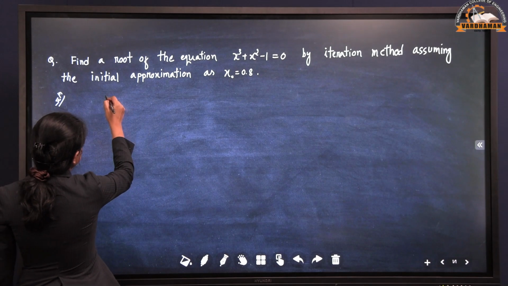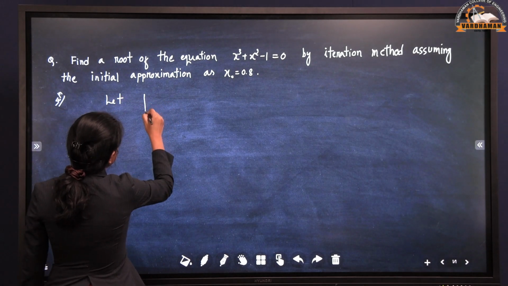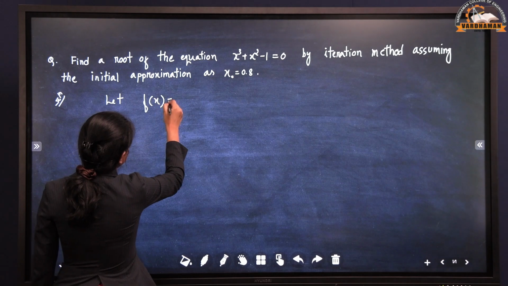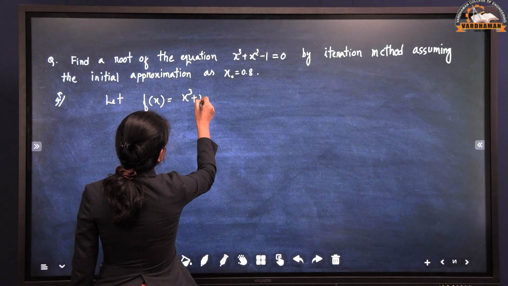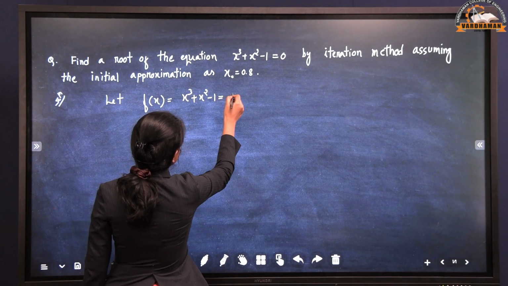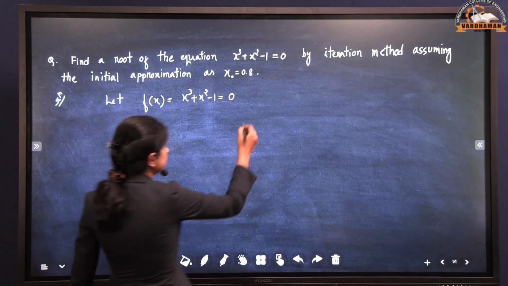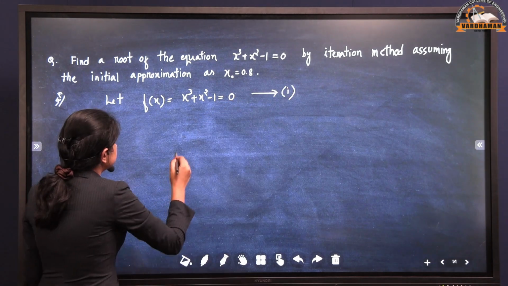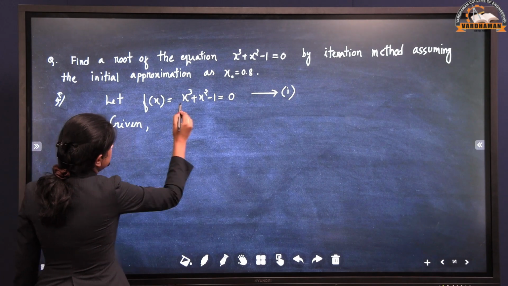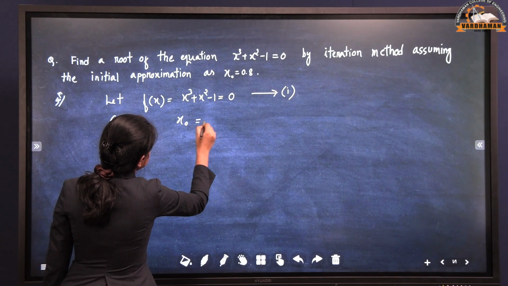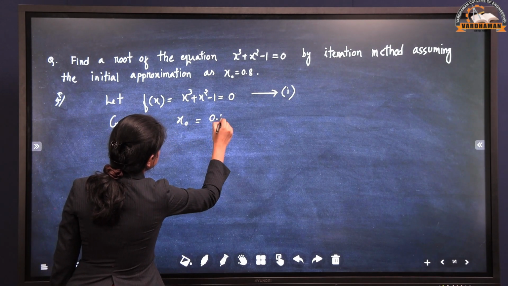We first let this equation as f(x) equal to x cube plus x square minus 1 is equal to 0. We will give this equation number 1. Also given is the initial approximation x0 is equal to 0.8.